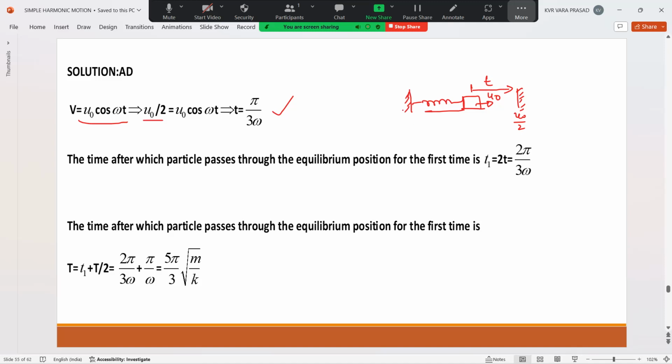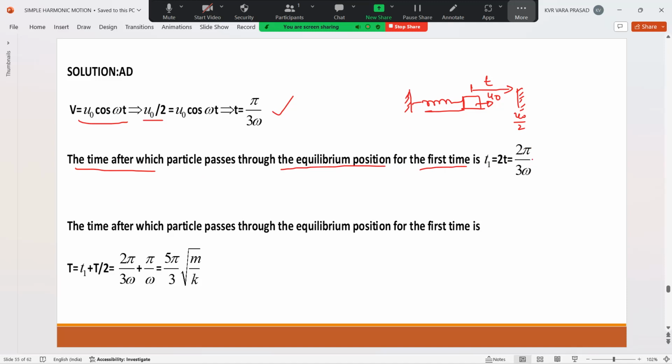Therefore, the time after which the particle passes through the equilibrium position for the first time, I'm taking as T1. T1 equals 2t, that is 2 pi by 3 omega.